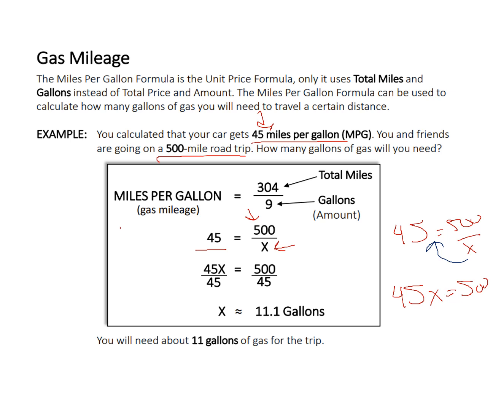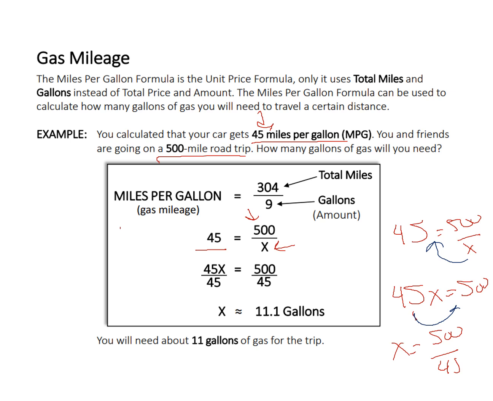And now I would move my 45 over, and when I move this over it becomes division. I don't know why I put all those zeros, which is, I guess, what they did, but I would do it a little differently. It makes more sense this way in my head. And that gives me 11.1 gallons.